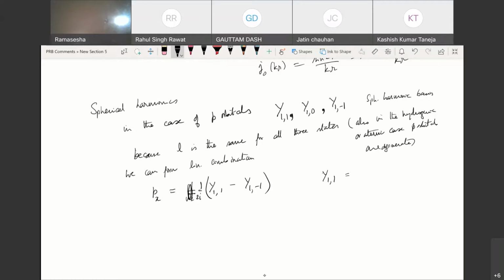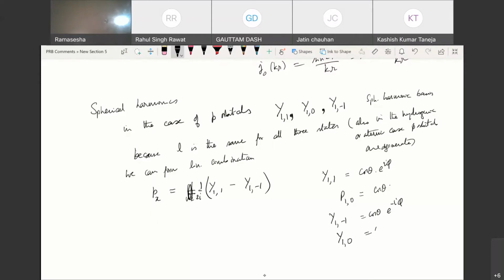Because Y_1^0 is equal to cosine theta, and this is e^{i phi}, and Y_1^{-1} is equal to cosine theta times e to the minus i phi. And Y_1^0 is just cosine theta.